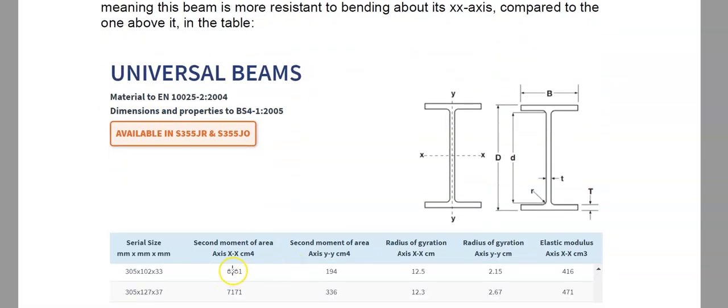So if you compare that value there and that value there, you'll see that's bigger and smaller. So the beam is stronger about the XX axis and weaker about the YY axis. That means the beam is placed like this, so-called vertically, so the loads act on it vertically from there down in that particular way and not the other way.